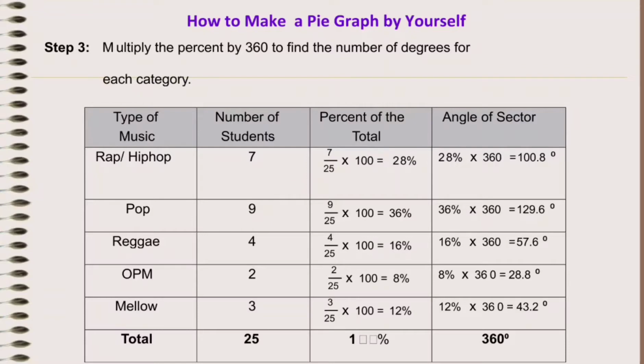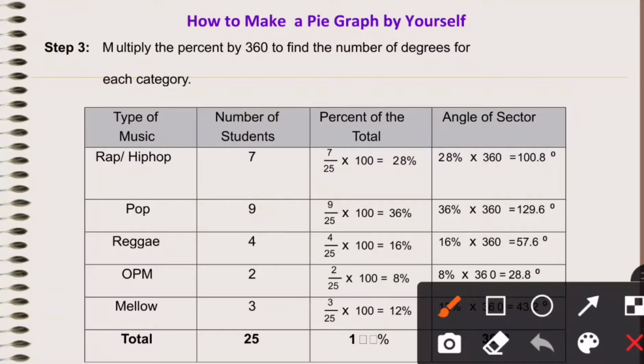So let's have this. 28% times 360 degrees is 100.8 degrees. And 36% times 360 is equal to 129.6. You will add the angle sectors, and that is 360 degrees.